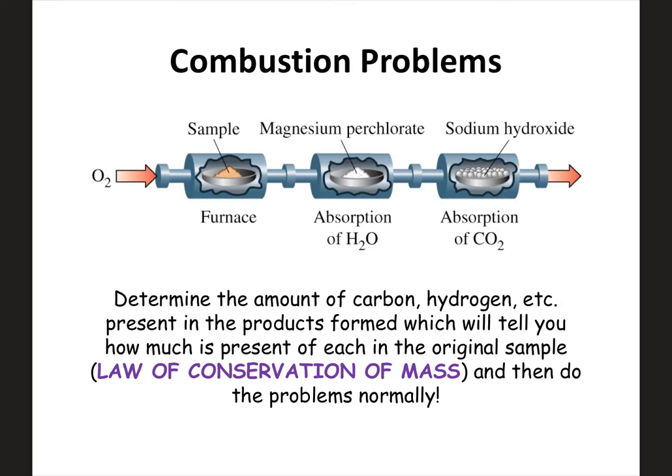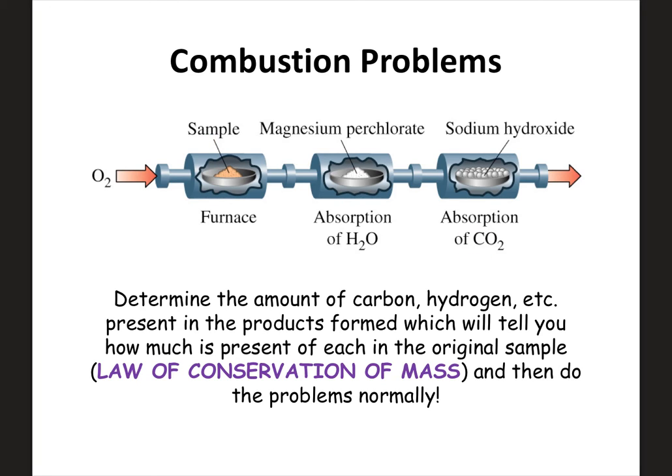Remember, your goal with these problems is to figure out the amount of carbon, hydrogen, and oxygen present so that you could determine the formulas. If you remember from honors, you were able to do this because of the law of conservation of mass. If H2O was forming, the H had to come from somewhere. Well, it had to come from your original compound. Same thing for the CO2.